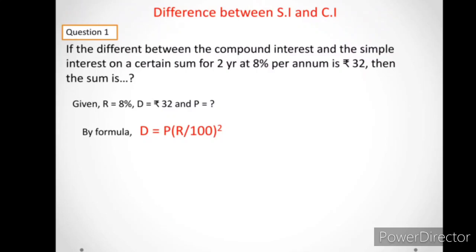Remember this formula, guys, which helps you a lot in the examinations, which helps to solve the problems within 30 seconds. Okay, remember the formula, don't forget that. So we know the values of R, rate of interest, and difference. So we will simply substitute the values and get the answer, that is 5000 rupees.